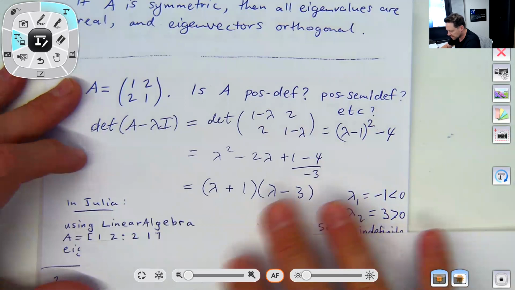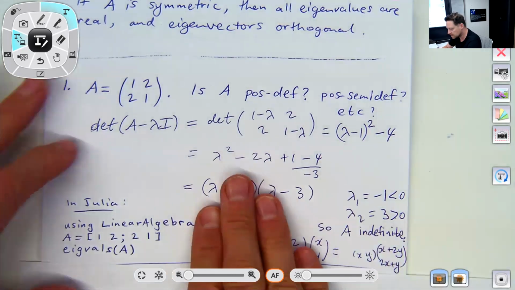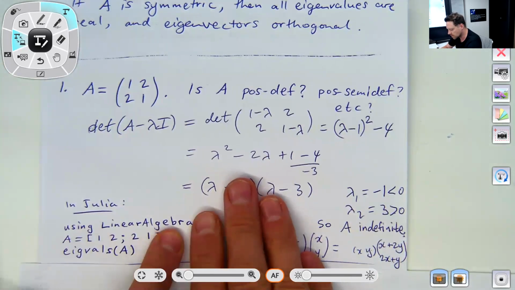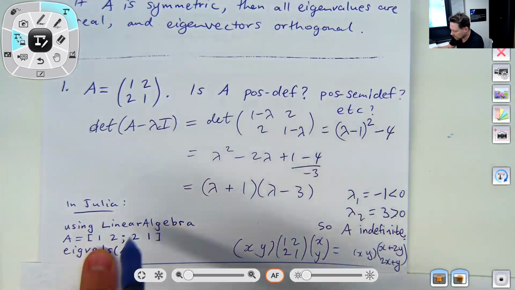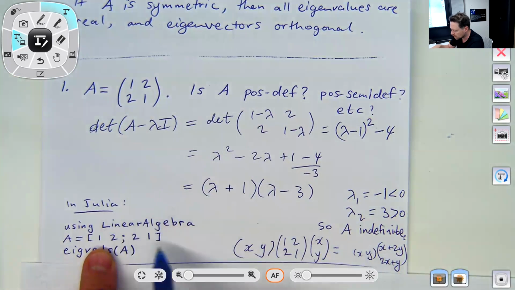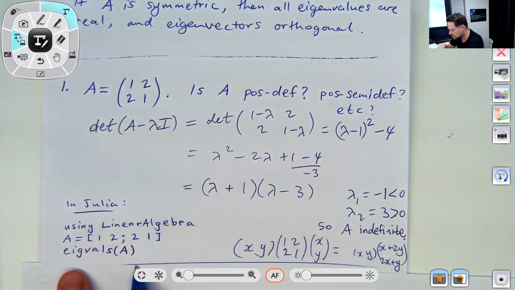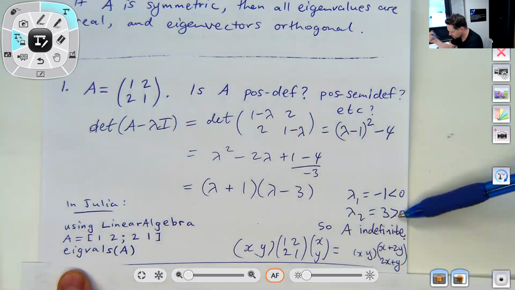But in Julia, we've got this little command. Using LinearAlgebra, then we input A to be 1, 2, semicolon, 2, 1 for each of the rows of the matrix, and then just eigvals(A). And we should get minus 1 and 3, which agrees with what we've done theoretically.